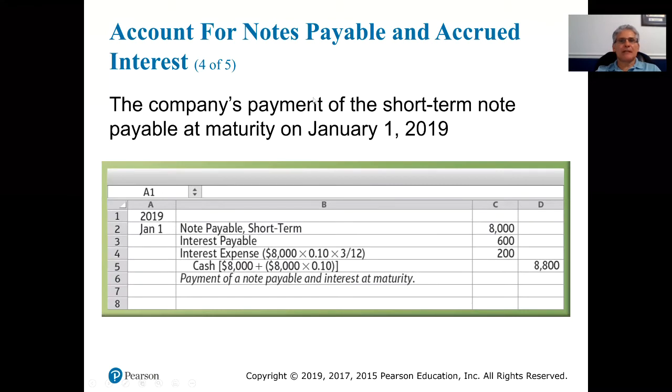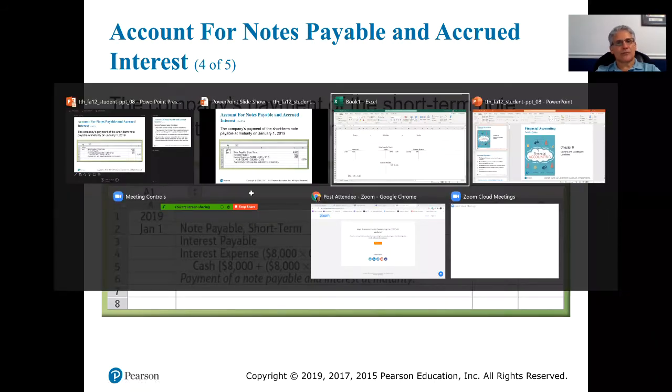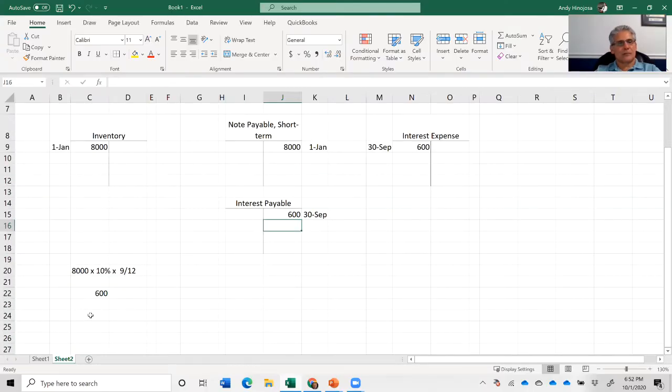Now the company's payment of the short-term note payable at maturity on January 1st, 2019. So on January 1st, now we have to pay off the loan plus any accrued interest. In this case, we're going to redo the computation of interest. And now it's not going to be 9/12.